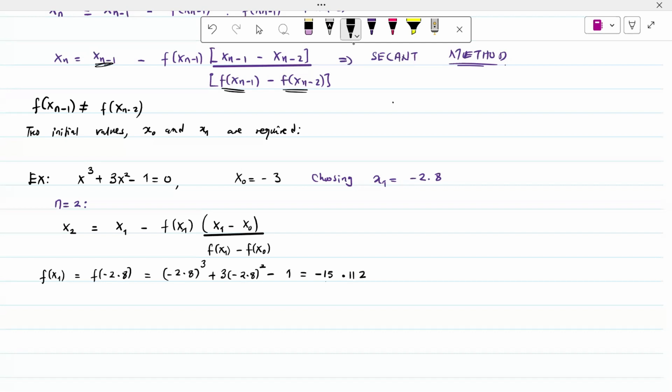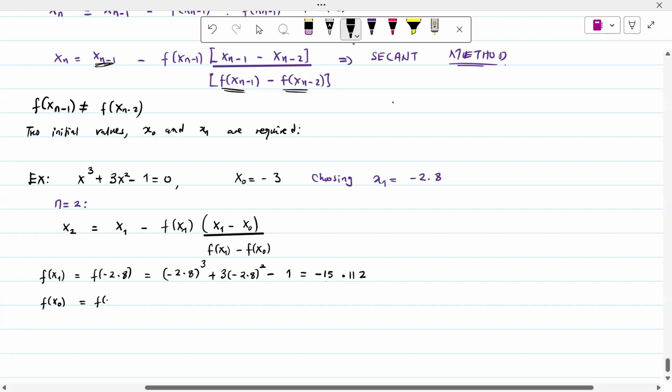Okay. And then let's find f of x0, because we have it in the equation. So this is f of negative 3, so negative 3 to the power 3. Have you confirmed?